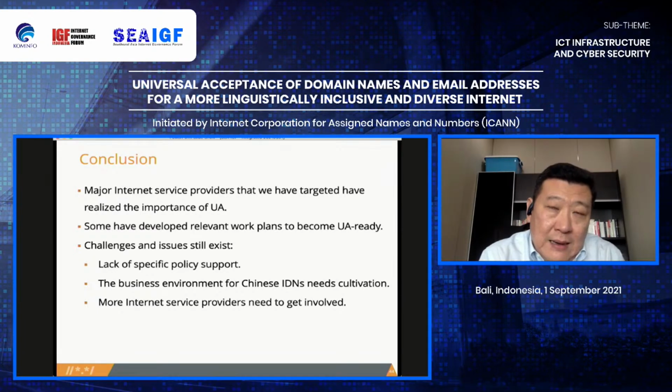From their basic point of view, they also want to support it, especially IDN, and follow the IETF and ICANN standards. I think that is the basic attitude of those internet companies.